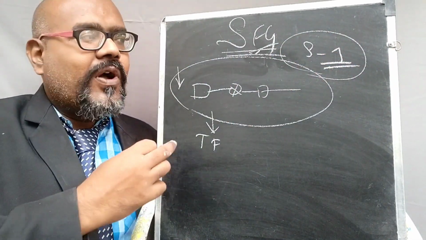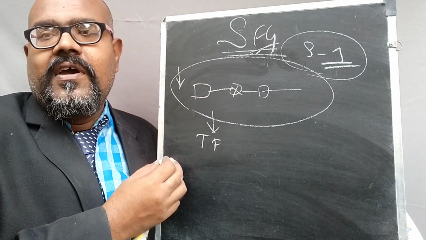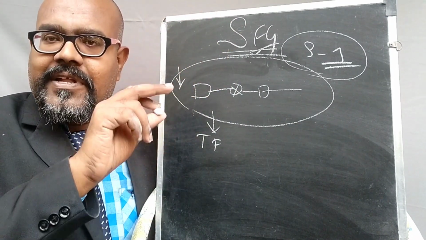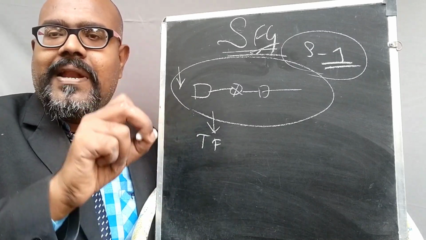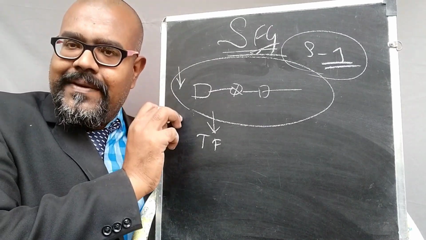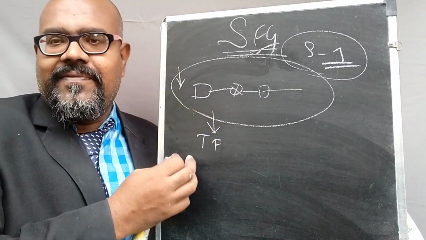Let me see what elements we are representing. We know that we can represent the elements in the block diagram as a small rectangular box, and the summing point, branch point, all that. Here also there are so many elements. We are going to see how we can represent the elements, the branch points and everything.